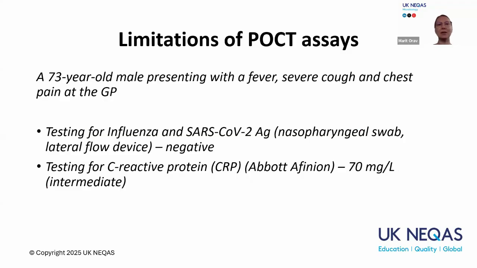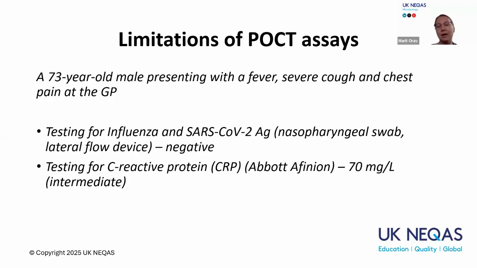To start off with, here is a microbiology example concerning the limitations of point-of-care testing assays. This is not connected to any specific patient case, even though I'm sure this scenario has happened several times all over the world. We have a 73-year-old man presenting at the GP with a fever, severe cough, and chest pain.